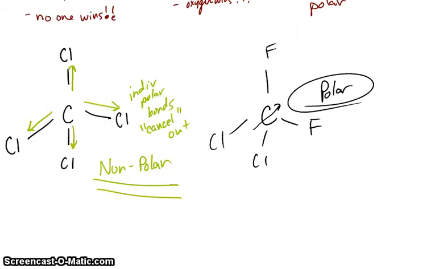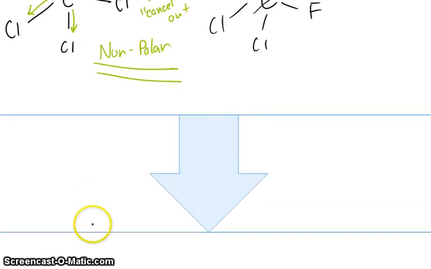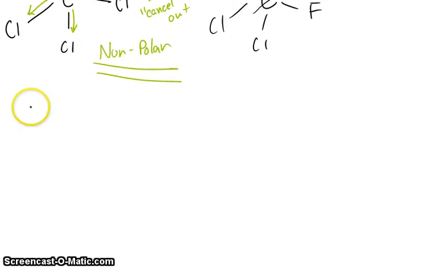All right. So if you're looking for a short, easy way, I can give you a short, easy way to recognize molecules' polarity. Number one, if it has a lone pair on the central atom, it is polar. No questions asked.